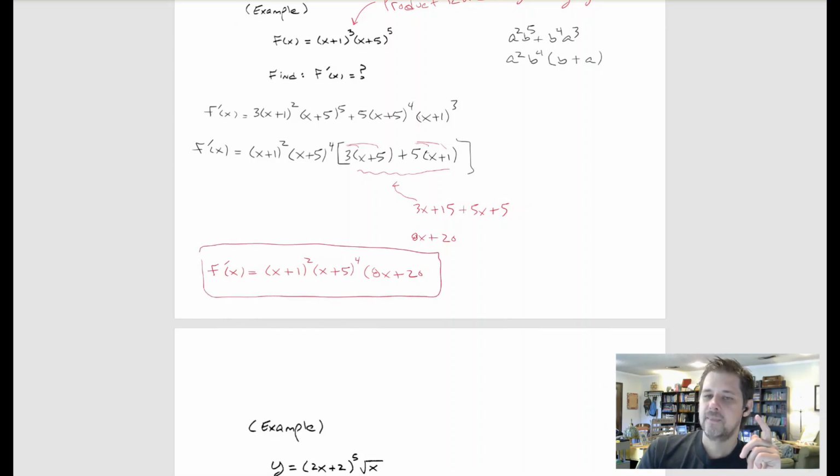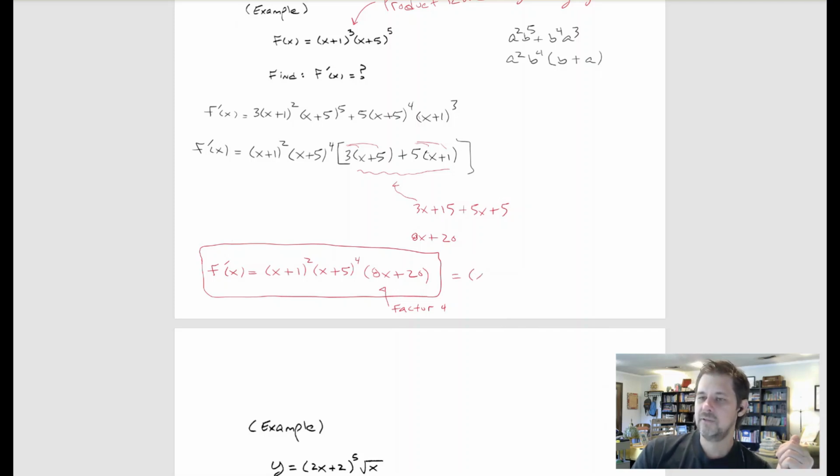Now, I'm not 100% certain that this will be acceptable because there is one more simplifying thing that you can do. Out of these two terms, 8x and 20, we can factor out a 4. Because 2 times 4 is 8, and 5 times 4 is 20. That's one more thing that might be necessary.